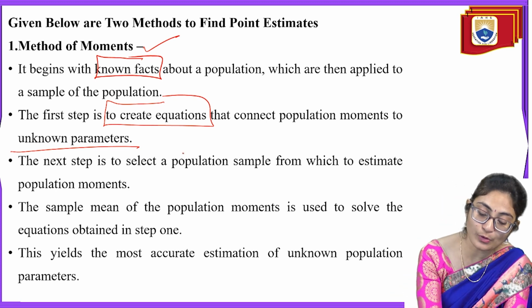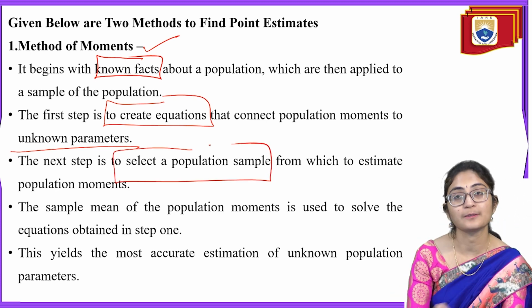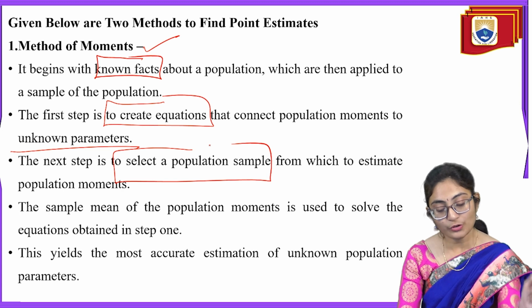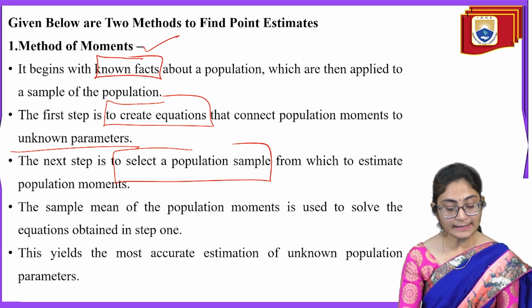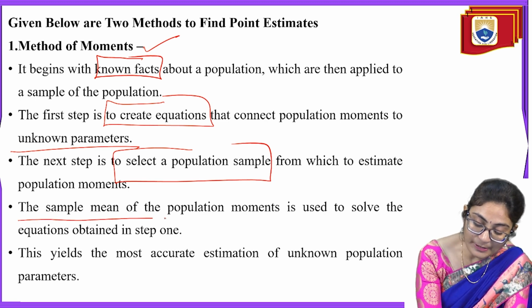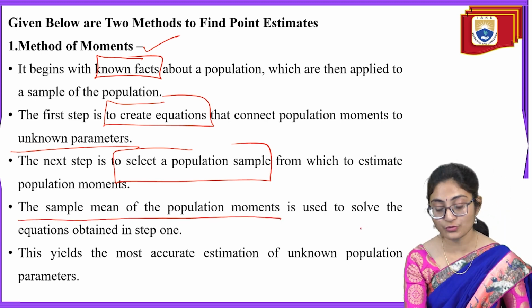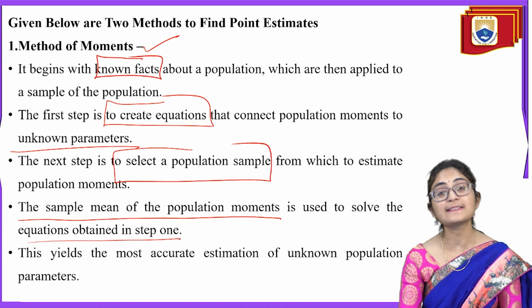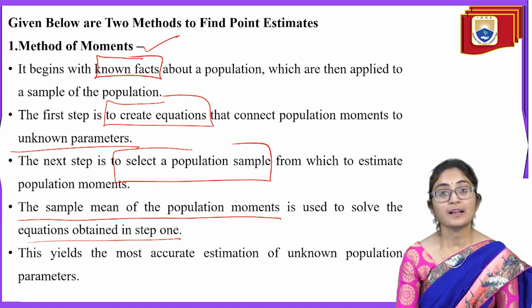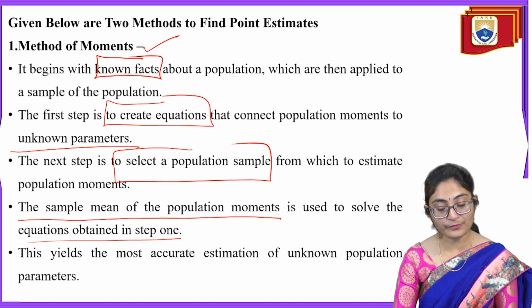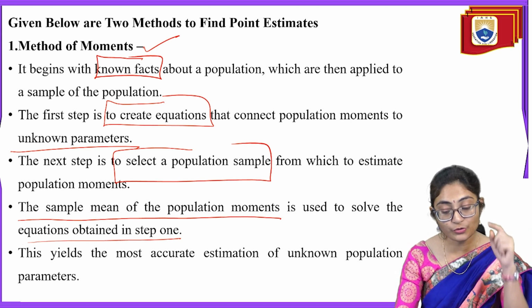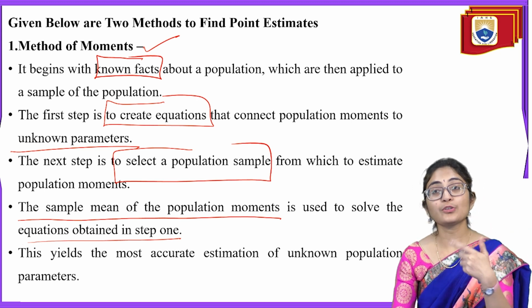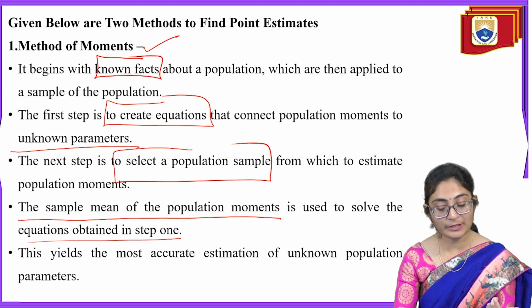The next step is to select the population sample from which to estimate the population moments. Then the sample mean of the population moment is used to solve the equation obtained in step 1. First, you start with known facts. Then you create the equation. After creating the equation, you estimate the unknown parameters.